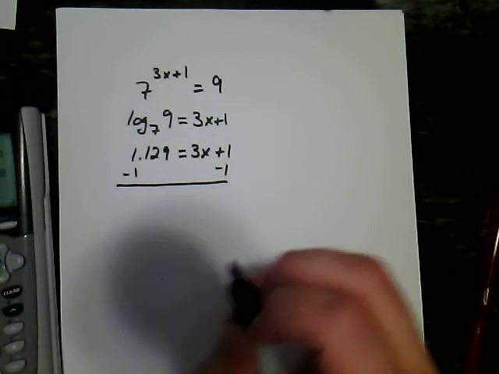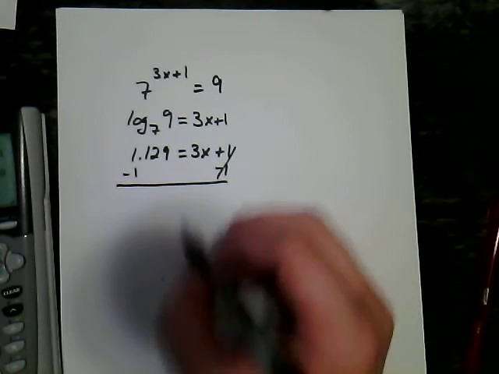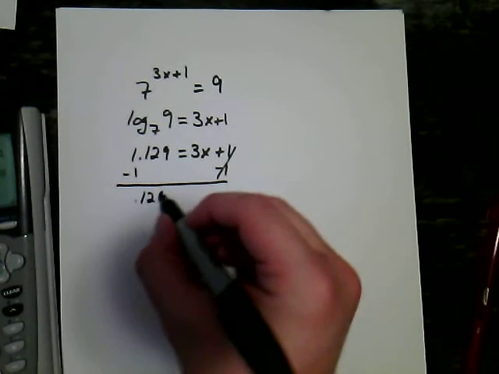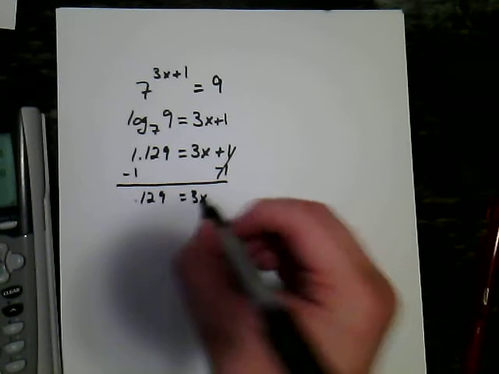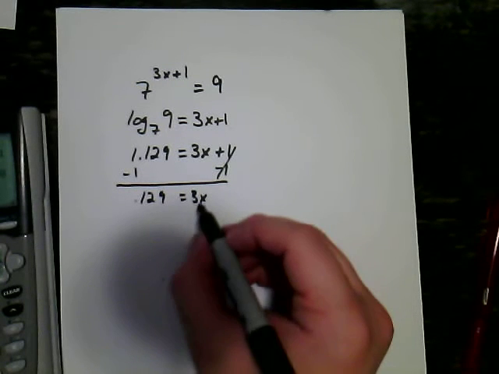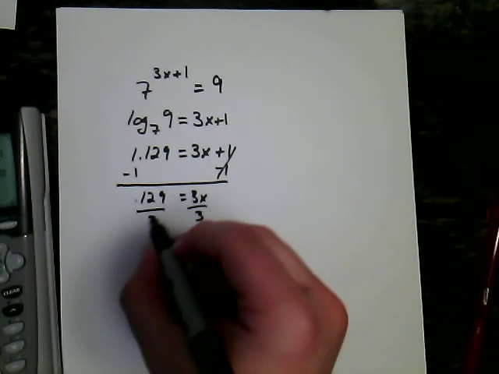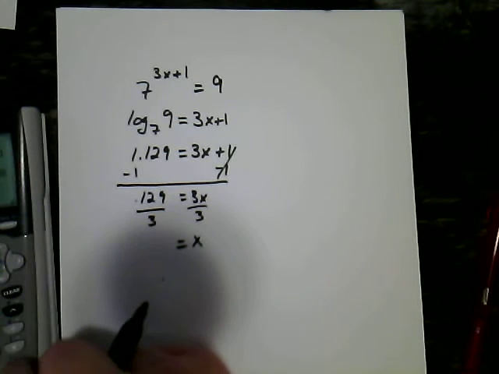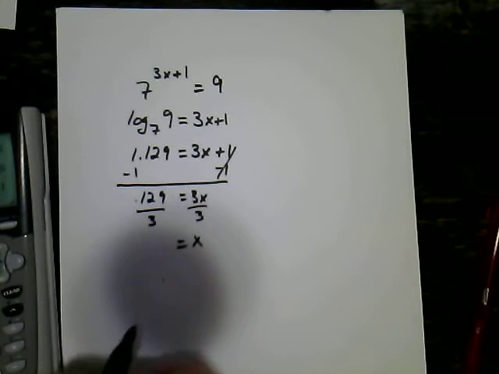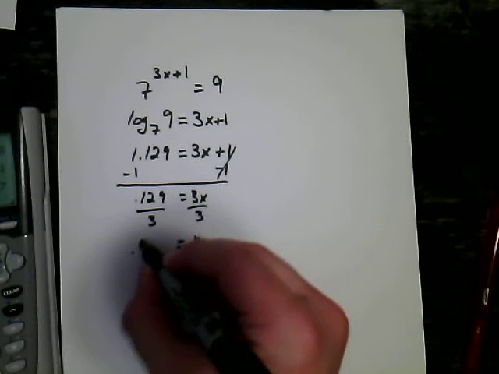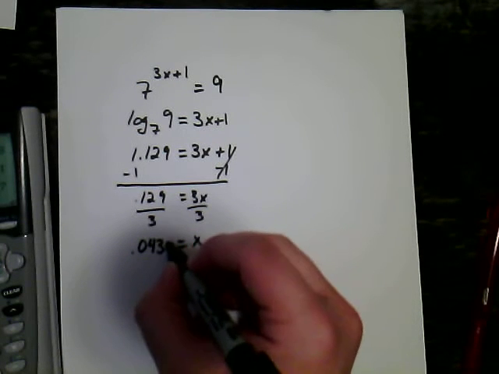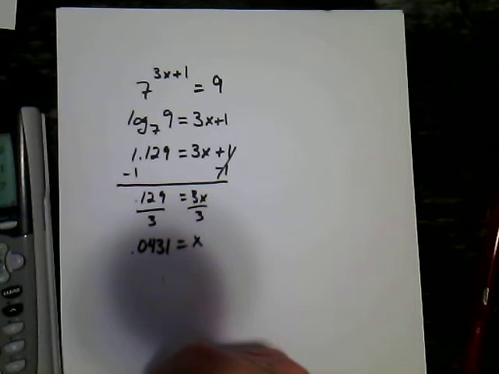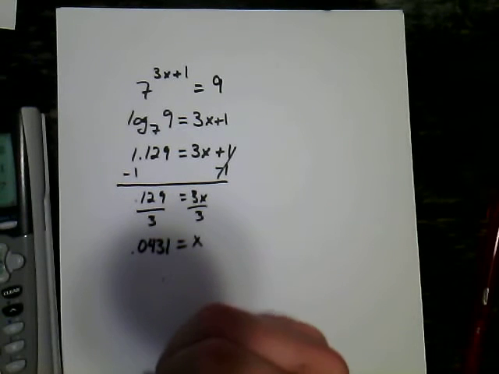If you've got these concepts down, the new ones we're doing are just using some old skills that y'all have been working on for years, solving those equations. So we'll divide both sides by 3, and x will equal, let's see, 0.129 divided by 3, x will be approximately 0.0431.